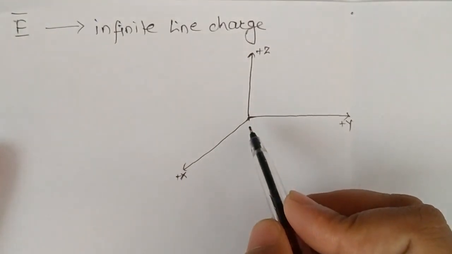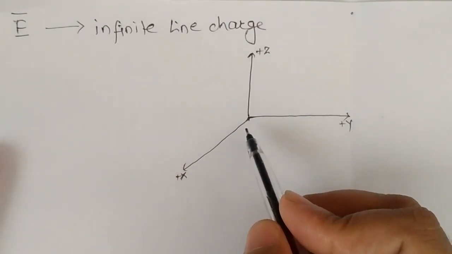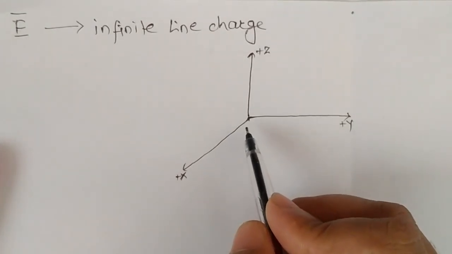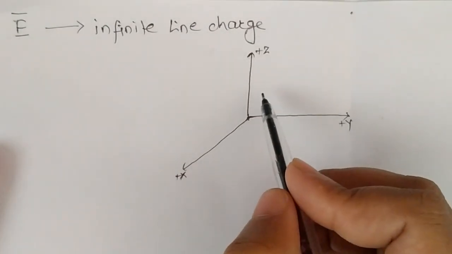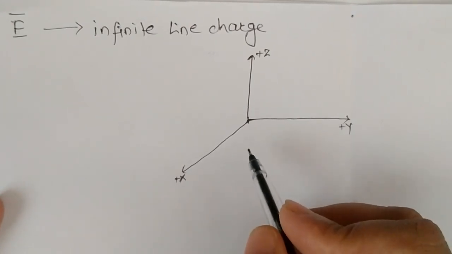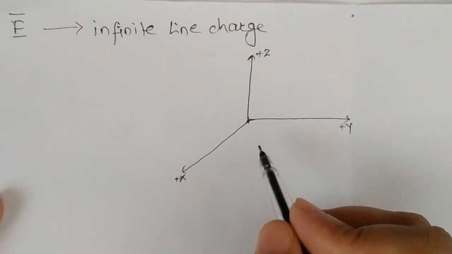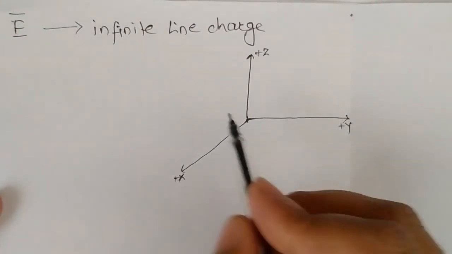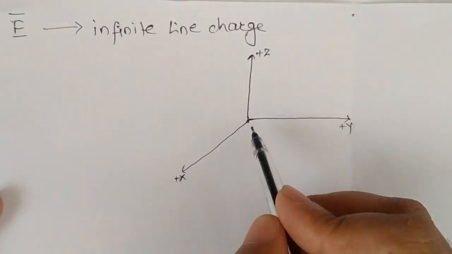Now in this rectangular coordinate system we are considering an infinite line charge, or a conductor carrying a charge, and the length of that conductor is very large. The length of the conductor is infinite, and that infinite length conductor is placed along the z-axis.